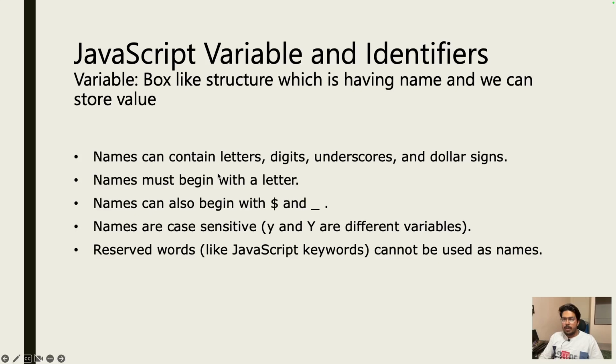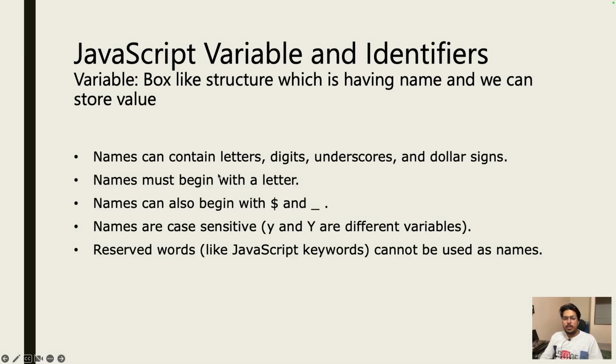Suppose you have a box and you have provided some name, and you have to access that value; the identifier is what you use to access it. Each identifier must have a unique name, and there are certain rules defined by JavaScript for writing the name of identifiers.